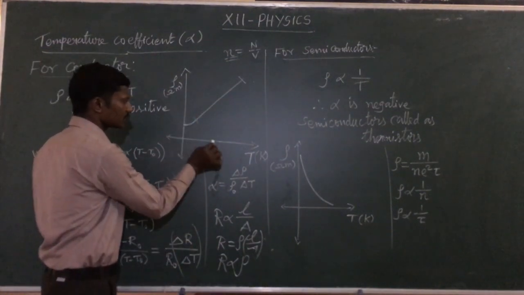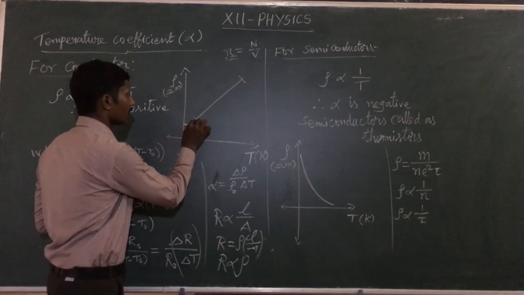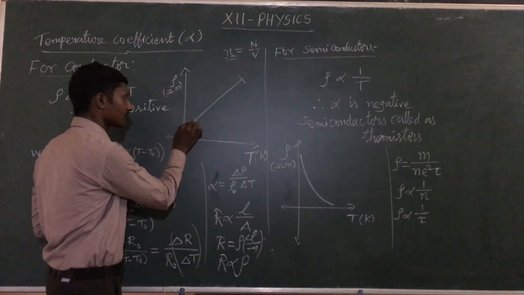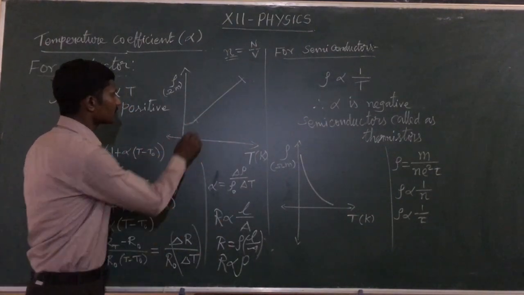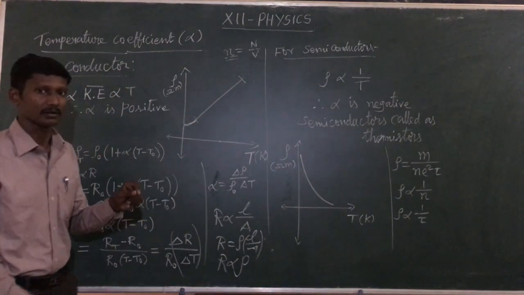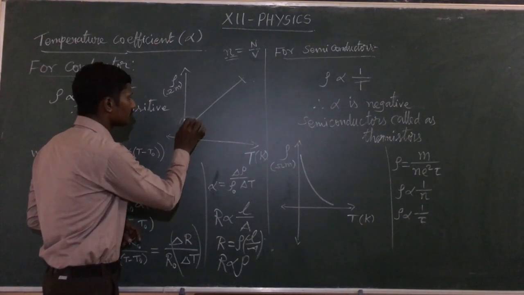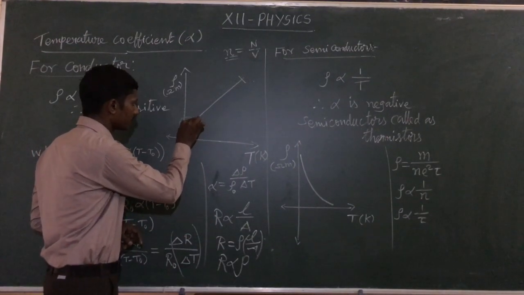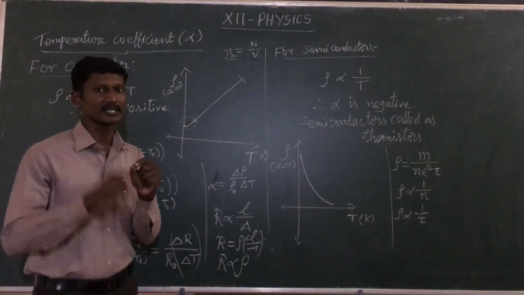But at very low temperature, the resistivity is not linear, it is non-linear. So at low temperature, the resistivity varies non-linearly for a conductor, and the graph is a curve, not a straight line.